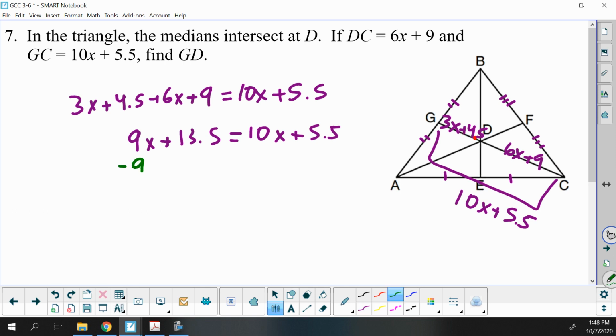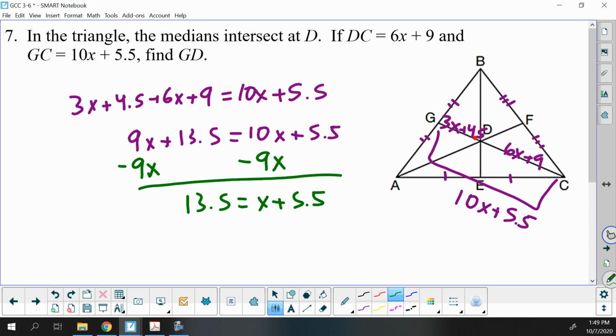We want to collect the x's on the same side. I'm going to bring them over to the right so we can keep a positive x. That'll give us 13.5 equals x plus 5.5. We'll subtract the 5.5 over. And that'll give us that x is equal to 8.